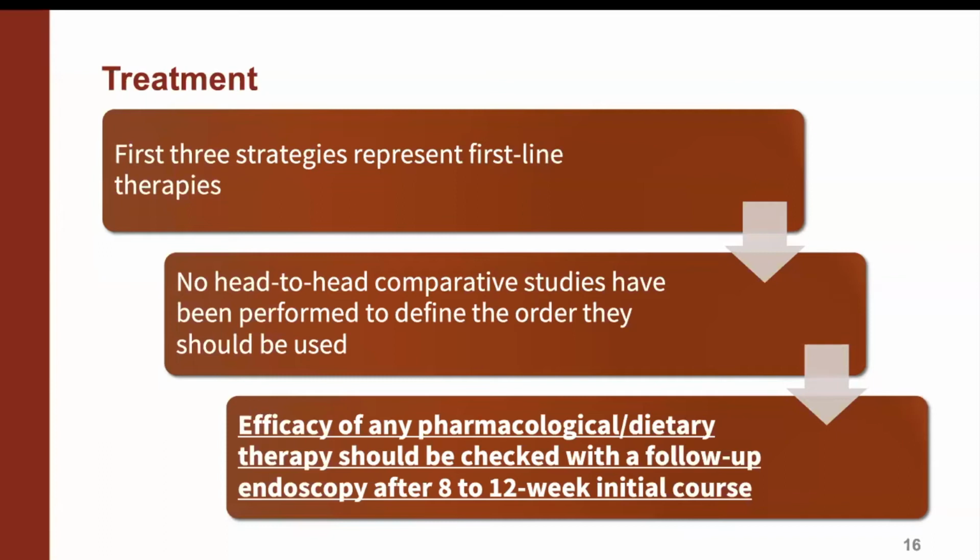There's no great studies that show that one should be used first. It really depends on patient preference and just what fits the patient best and what seems to be the most effective. And regardless of which treatment option we use, it's really important to keep in mind that we need to kind of follow the course of the condition with frequent endoscopies to see if the treatment was efficacious or not.